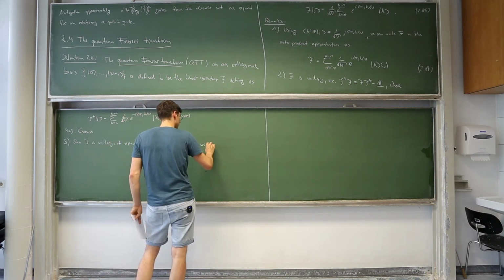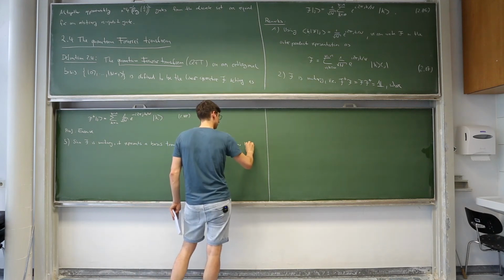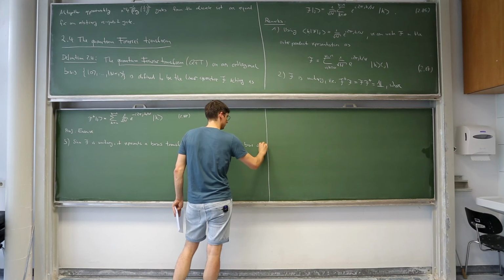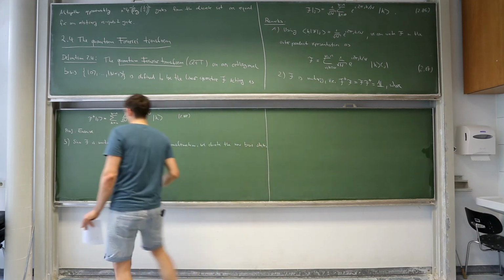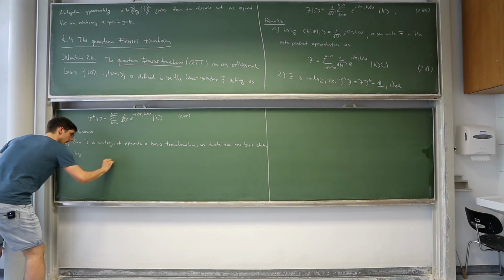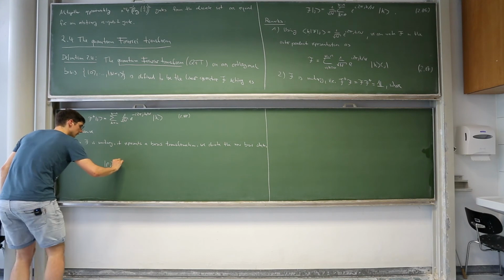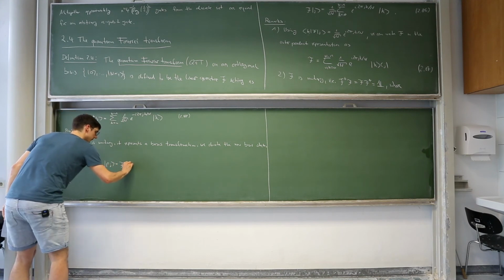And we denote the basis states |j̃⟩ as equal to the Fourier transform on |j⟩.